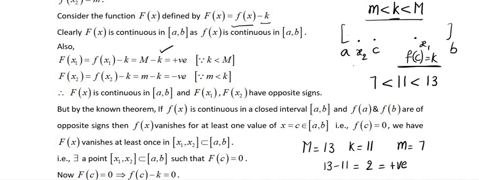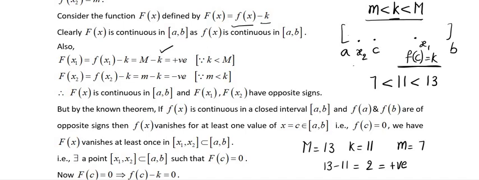Similarly, replace x with x2, then the LHS becomes capital F of x2, the RHS becomes f of x2 minus k. So, f of x2 we know, that is m minus k.